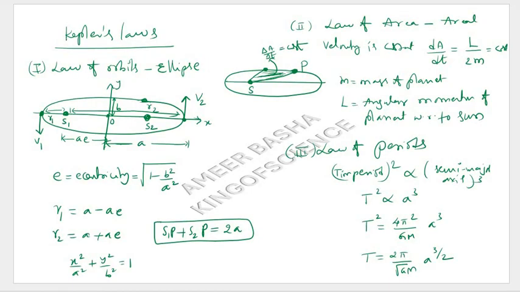Another thing, I can go for conservation of angular momentum. The angular momentum at any point I can write as the magnitude of r cross p. If I think of the two points nearest to the sun and farthest from the sun, the angle between them comes out to be 90 degrees.